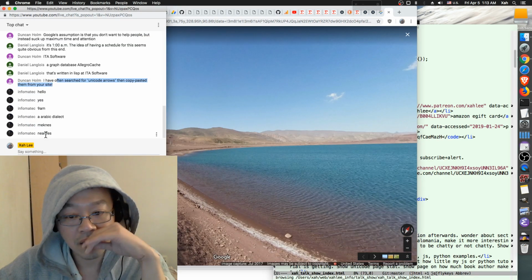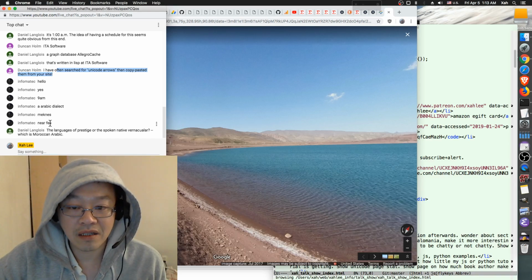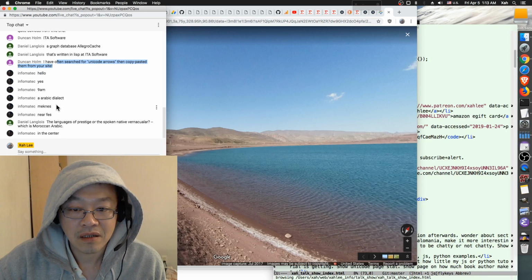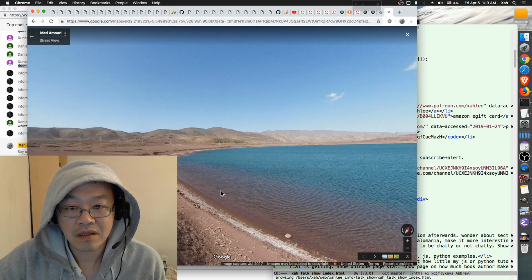Okay, so Morocco speaks an Arabic dialect. Meknes, near Fez, in the center.